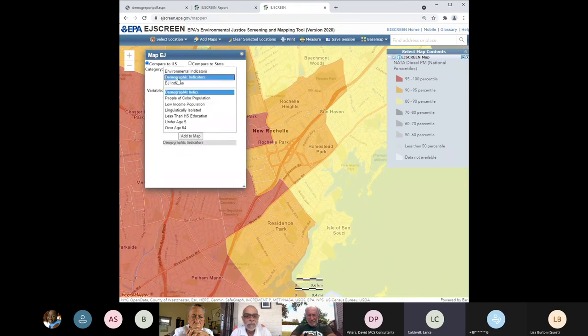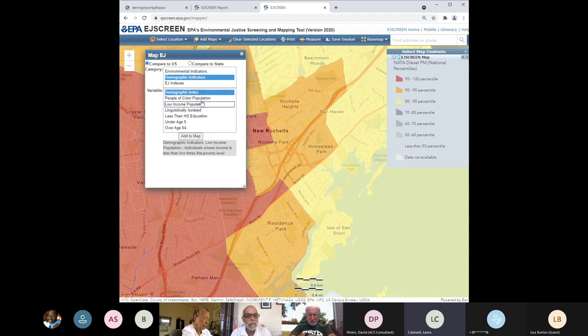But before that, I'll show you the demographic indicators. There's people of color population, low-income population, linguistically isolated, and some others that Tawana mentioned. The demographic index is basically the product of the people of color population value times the low-income population value, combined into one value.